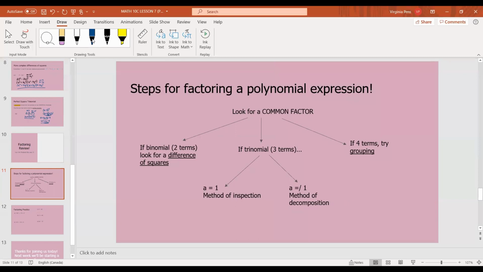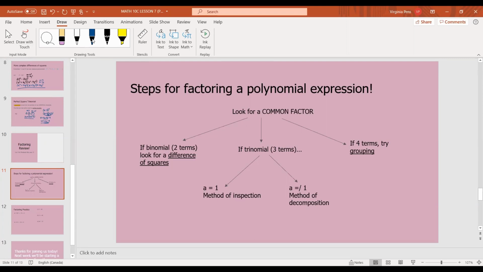If it's a trinomial, then you want to check the a value, which is the number in front of x squared. If the a value is equal to 1, so if it's not written, then you can factor it by just inspecting. Check the last value and see which values add up to the middle value, the b value, and multiply to give you the c value.